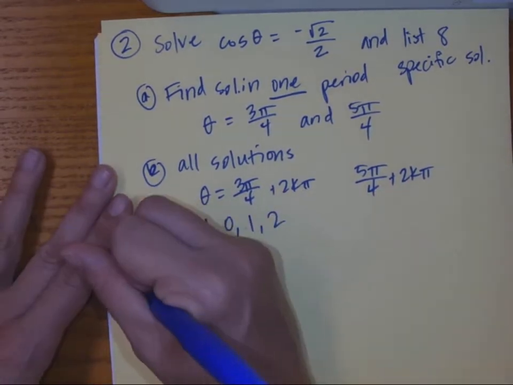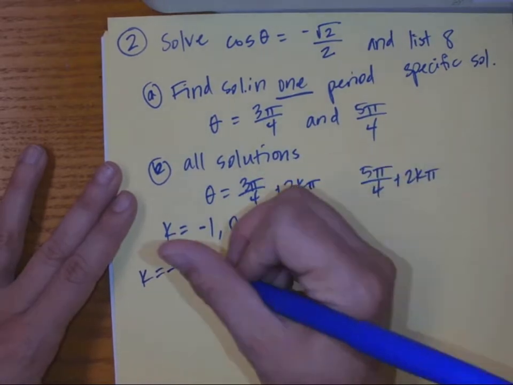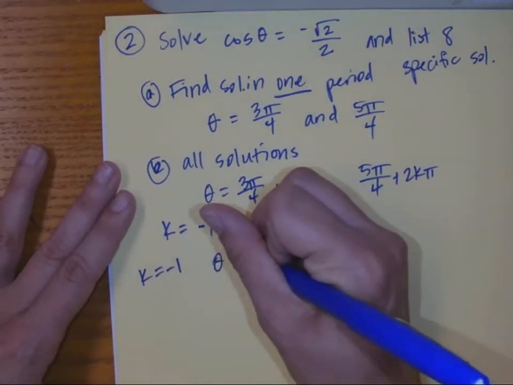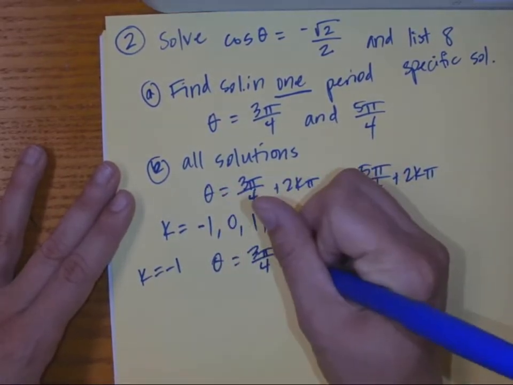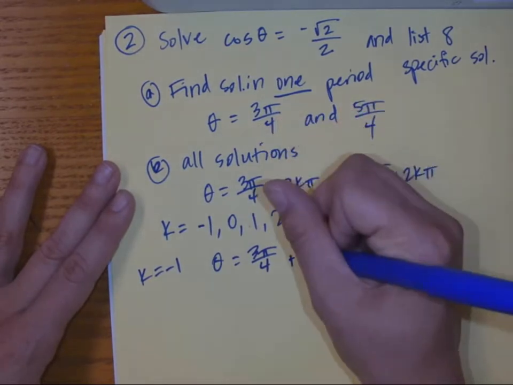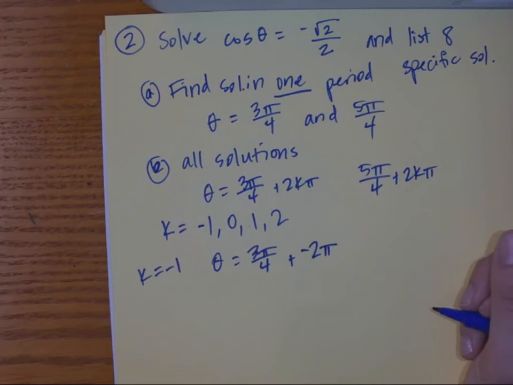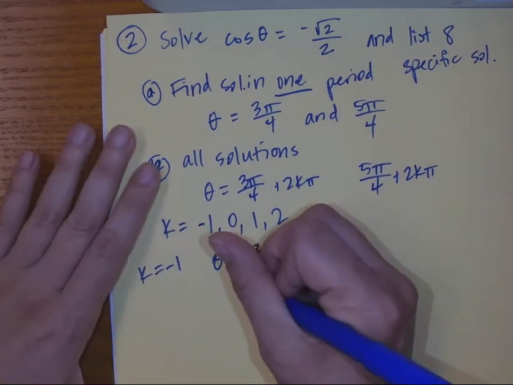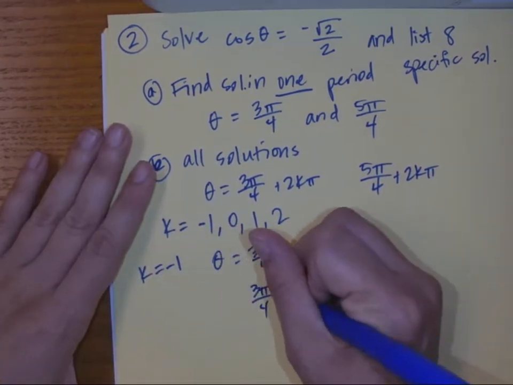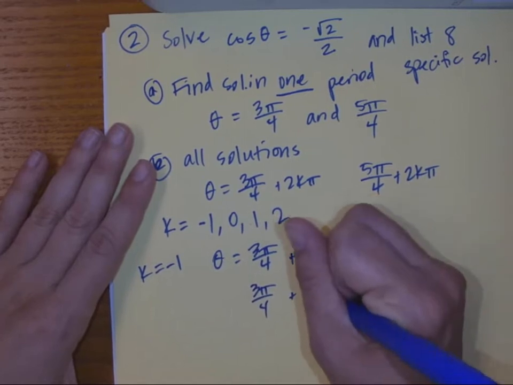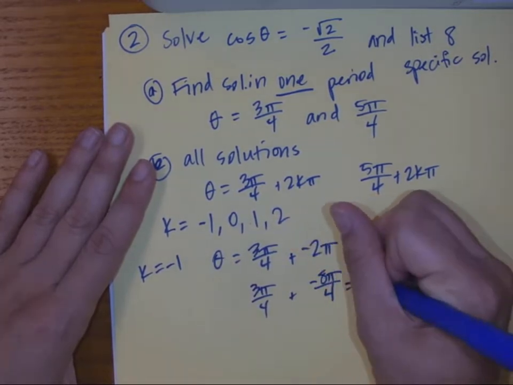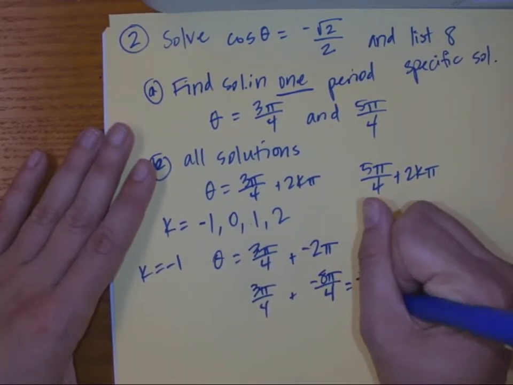Okay, so for k equals negative 1, when I plug it in, theta equals 3 pi over 4 plus 2 times negative 1, which is negative 2 pi. When I add that together, this is like 3 pi over 4 plus negative 8 pi over 4 if I get a common denominator, which would be negative 5 pi over 4.